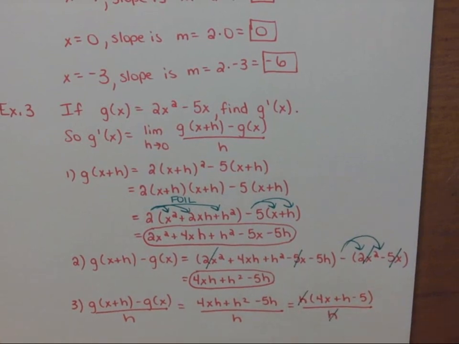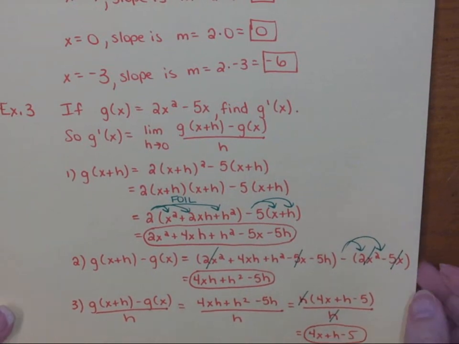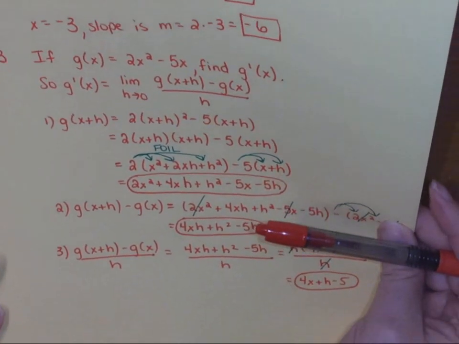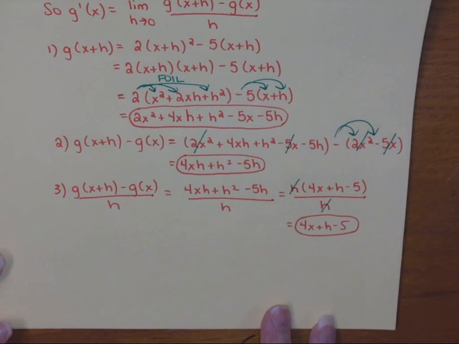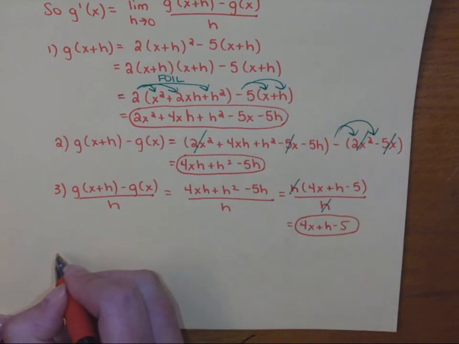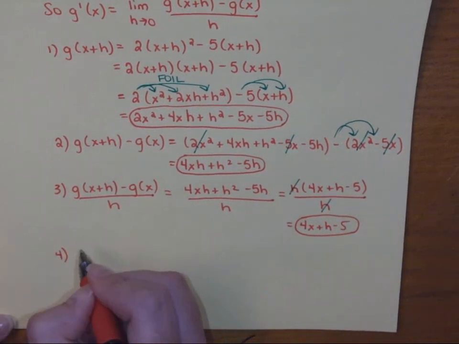And so if we cancel the h's out, we will get 4x plus h minus 5. Notice the process is a little slow going, but with every step it should be getting smaller and smaller. We should be able to simplify and condense more and more.